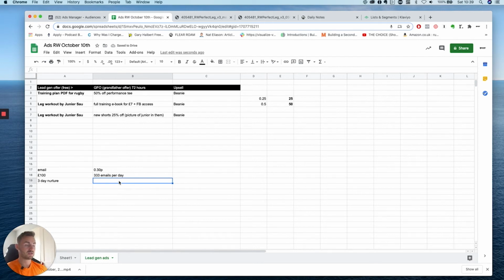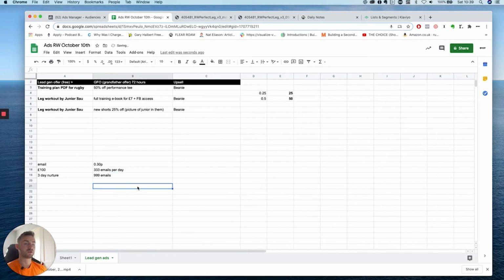So over 3 days, that's 999 emails every 3 days. There'll be 3 days worth of people going through the offer sequence, so at any given time, you've got 1,000 people seeing the offer for one of those GFOs.